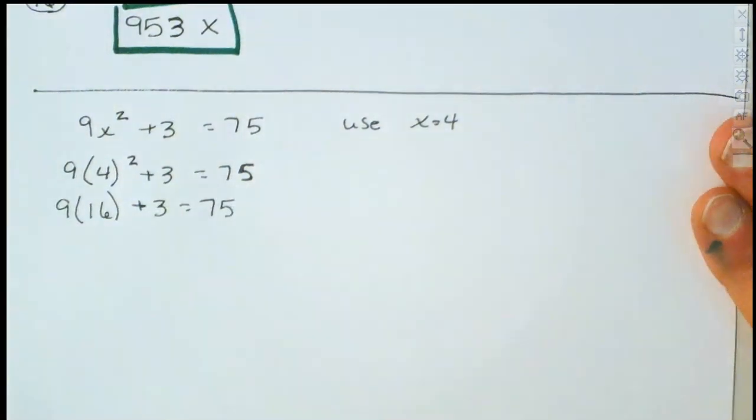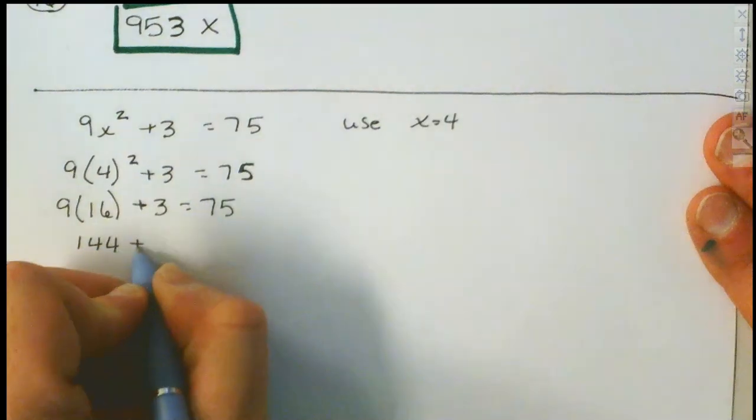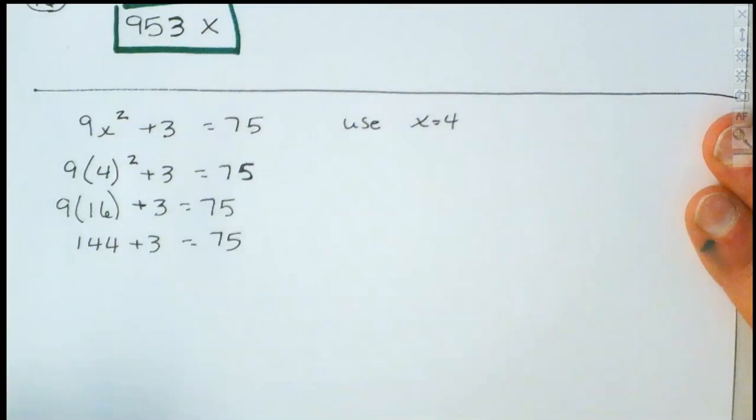And now we take that 9 times the 16 there, and 9 times that 16, that's 144 plus 3. And we add that together, and 144 plus 3, that would then make it 147, wouldn't it? So we're going to add 3 to it.